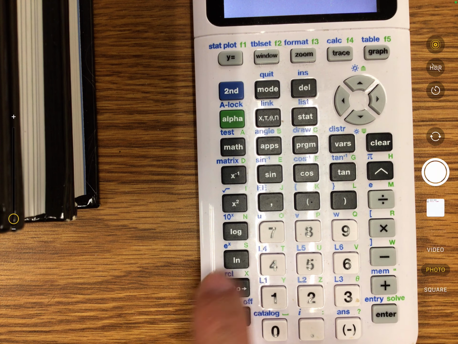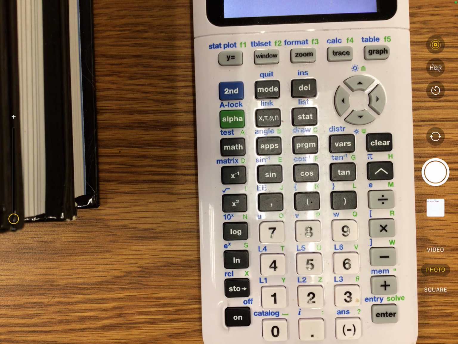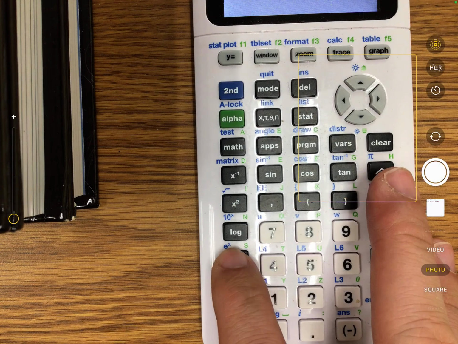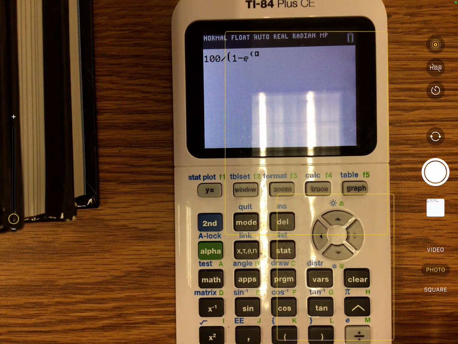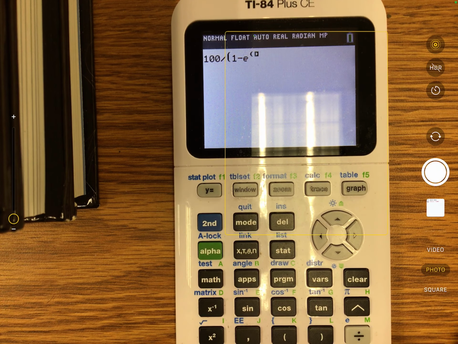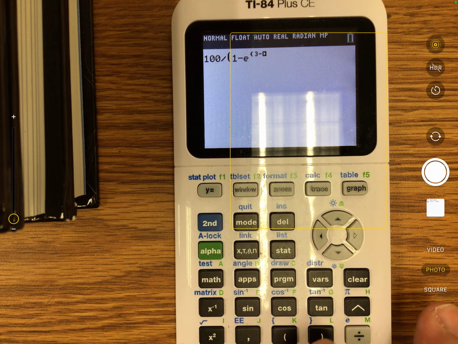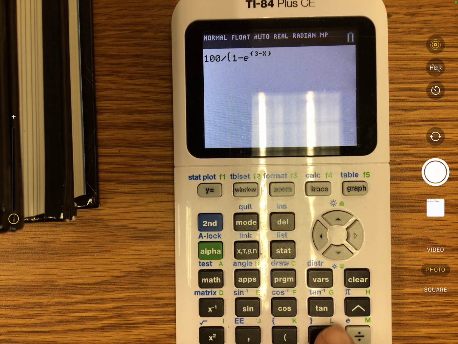You could also just put in an e and do the caret, but it's just a lot easier if we just do e to the x. And then we're going to do 3 minus t. We don't have a t, so we're going to put an x in there. And then make sure you close the biggest parentheses. Okay, so we can hit enter.